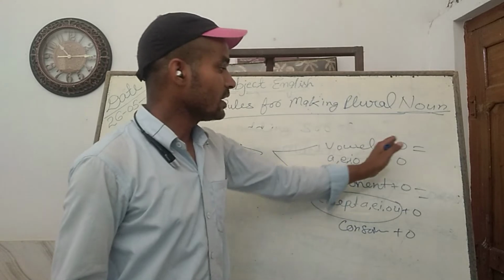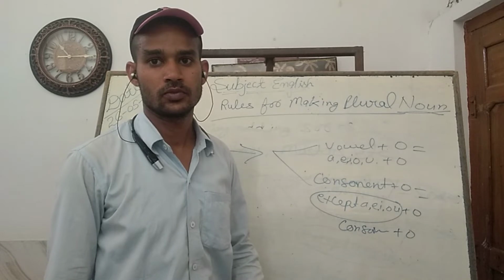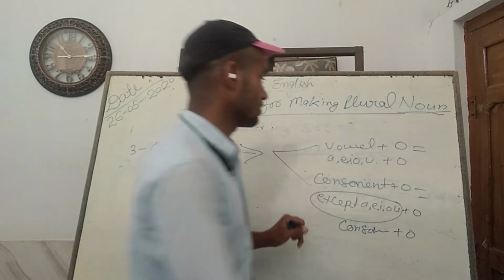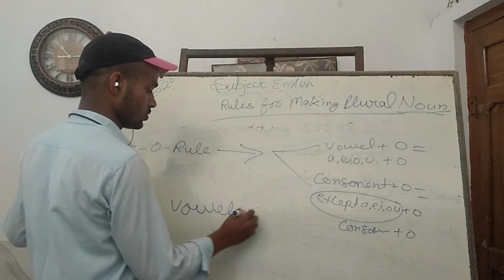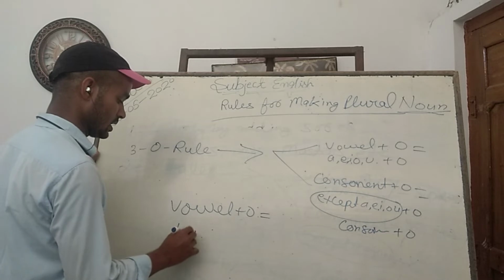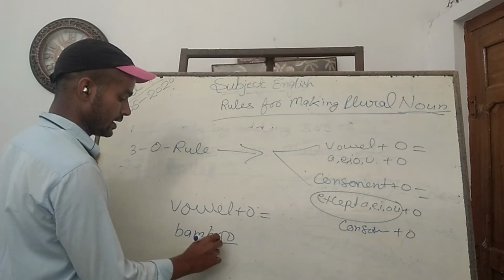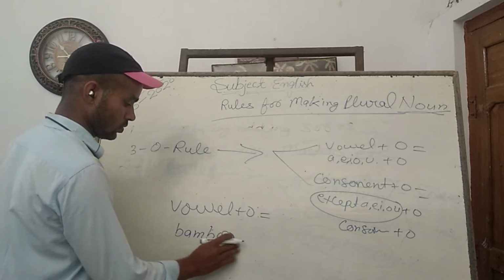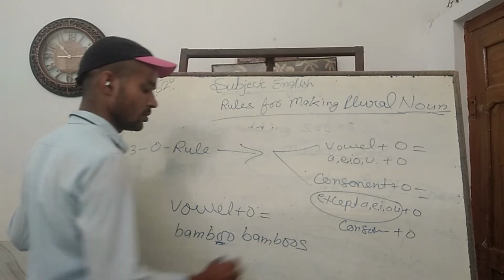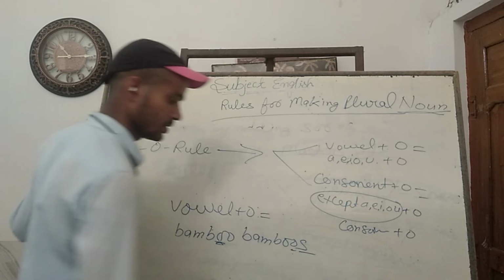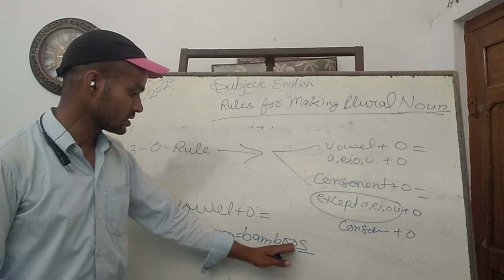If o is preceded by a vowel, then s or es is added simply. For example, the rule of vowel plus o: bamboo, with the last o preceded by another o, becomes bamboos. This is the plural form of bamboo, vowel plus s.